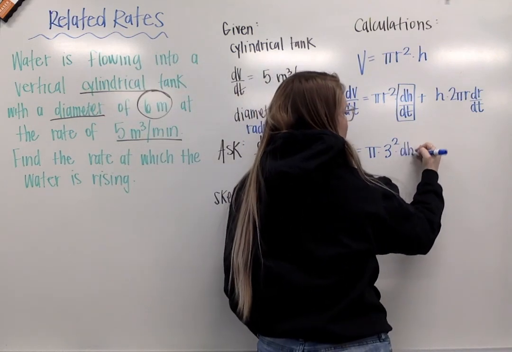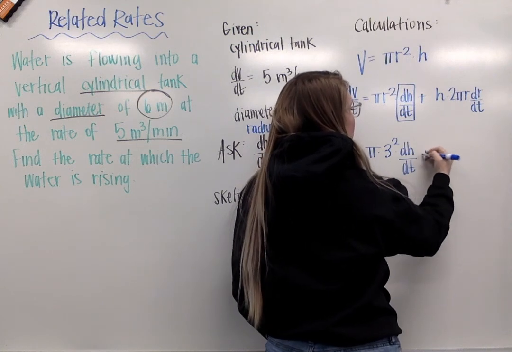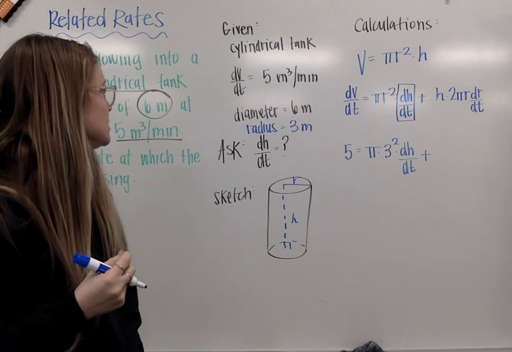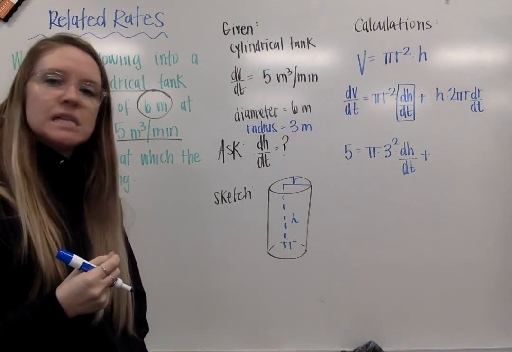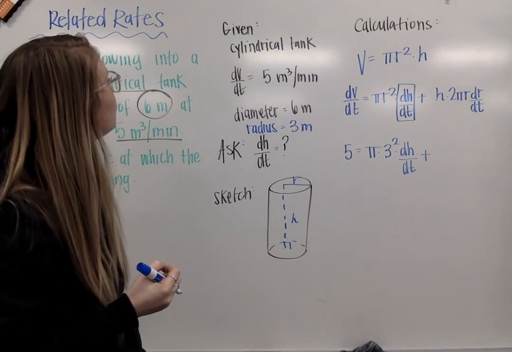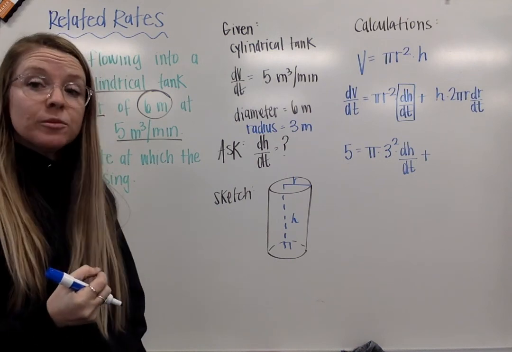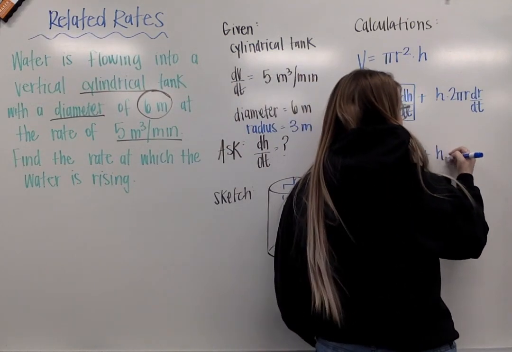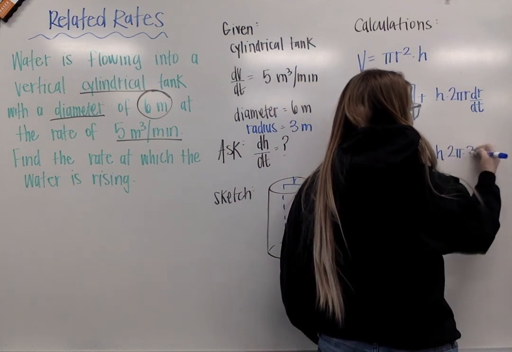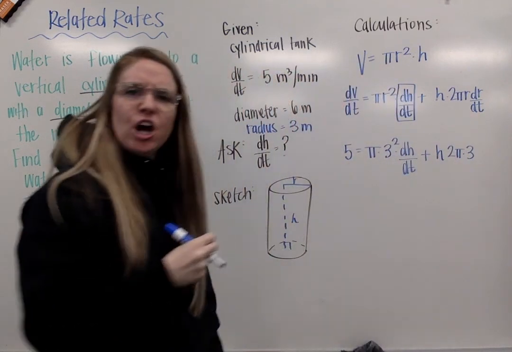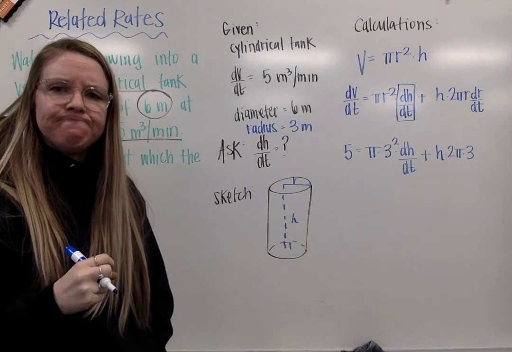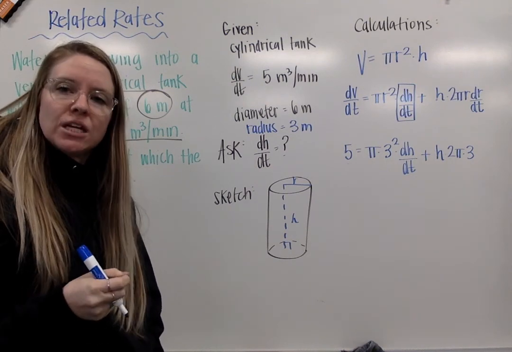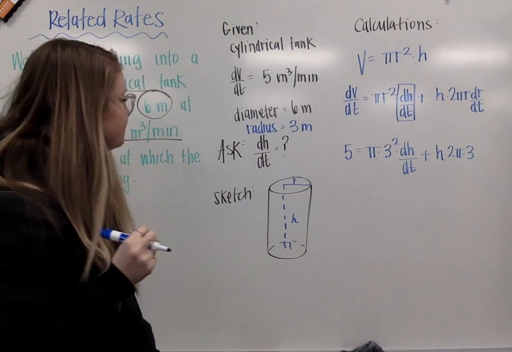We're solving for dH/dt, so we're going to leave that alone. H, my height. They didn't tell me my height, did they? And I don't have any information to figure that out. So let's leave that for a second, see what happens here. dr/dt. They also didn't tell me my dr/dt, so what's the rate of change of my radius?